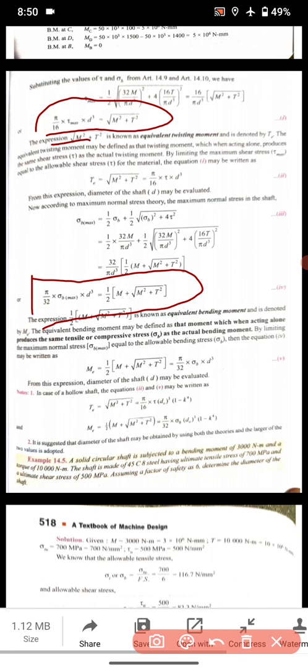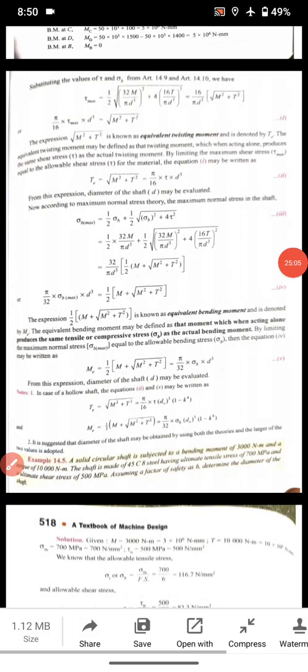means there will be some notation and there will be some examples, there will be some options. And this 1/2 m plus under root m square plus t square is known as equivalent bending moment. So these are the questions, and this is also included for the hollow shaft.